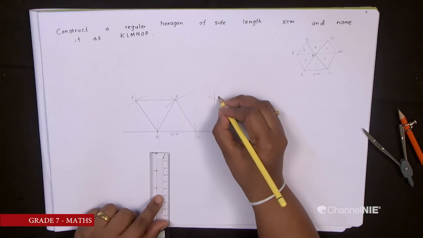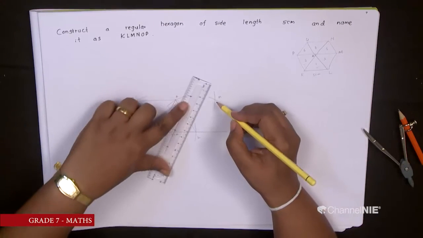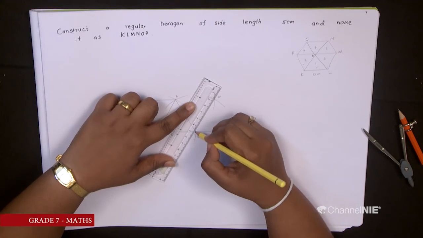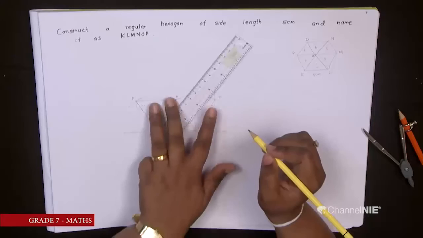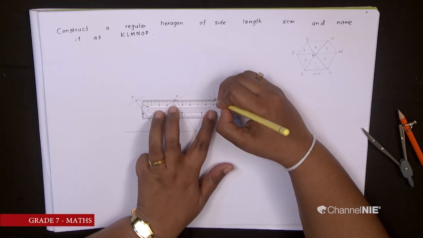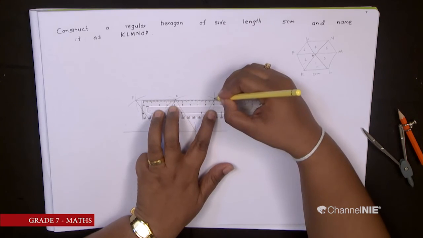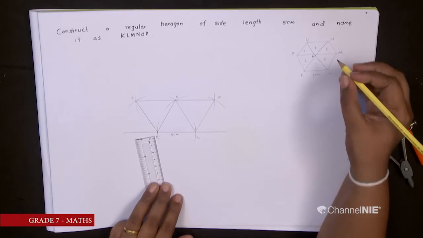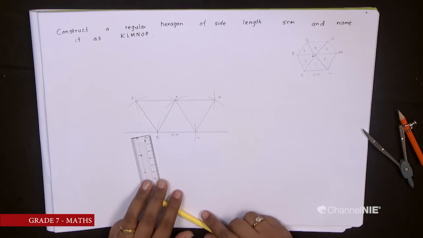This is point M. Now we will join the 2 points LM, then AM. Right. Now my third triangle is also constructed.